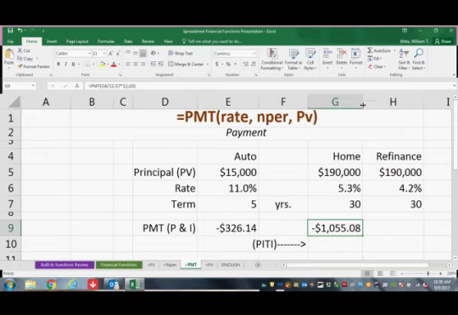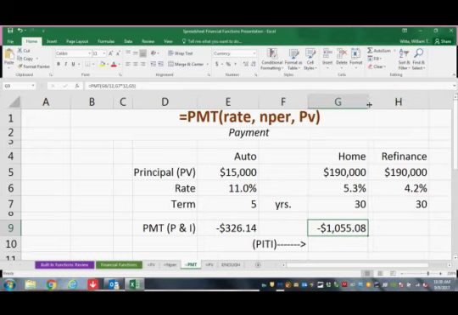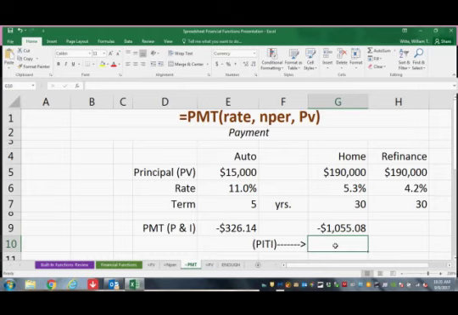Now, I need you to understand that that amount is the amount only for principal and interest. On your monthly payment, I know the hard way, I found out that you will also have to pay tax and insurance. And in Montgomery County, I happen to know that that comes to about 10%. So what we could do, you won't have to do this in the homework, but I thought for interest you'd want to know.